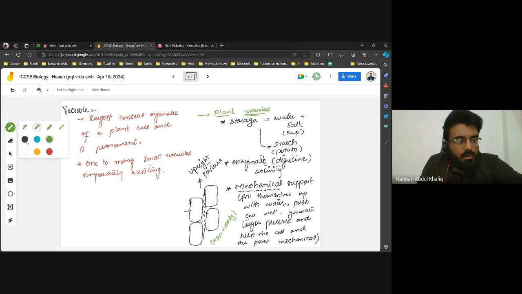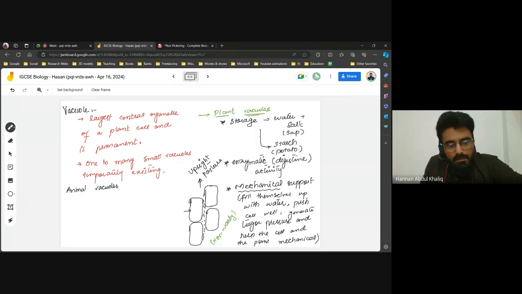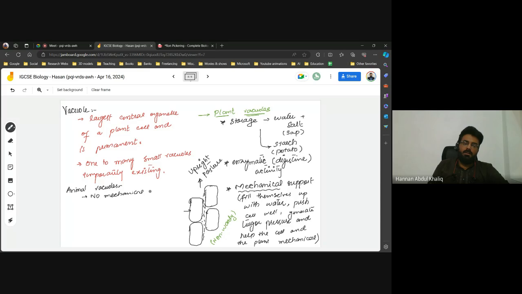Let's talk about the animal vacuoles. Animal vacuoles don't give any mechanical support. They are there for storage.